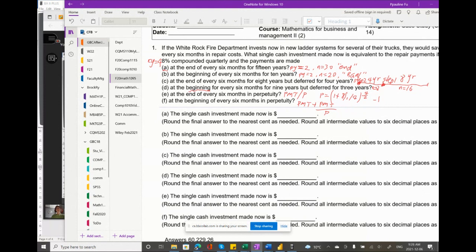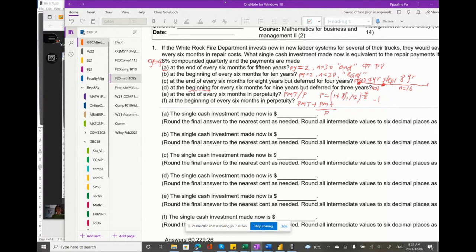Okay, and what is the question here? The question asks you, what is the present value? That is the question. Calculate PV. Given 8% interest compounded quarterly means CY is 4.